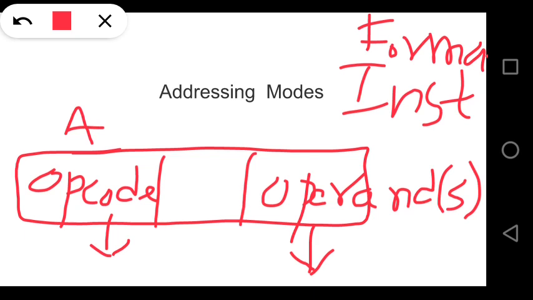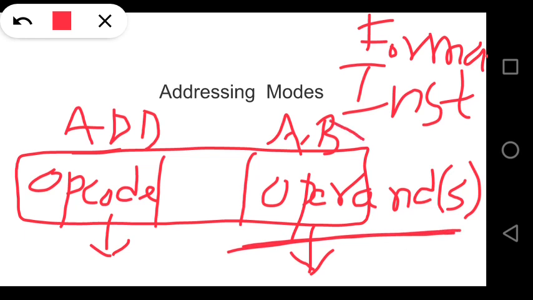And the typical example of any addressing mode is add a comma b. This is an example of an instruction. Add is an opcode, a and b are the operands. But there are a lot more things to be discussed about these operands. What do you mean by A and B?